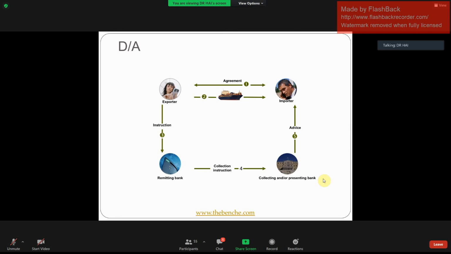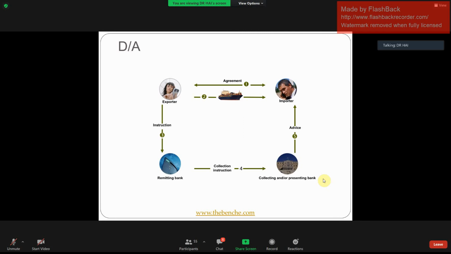If the importer wants to have documents, the importer just needs to accept the BE. Doesn't need to pay, right? Accept the BE. Of course, after accepting, I am a bank, I have to transfer the document to the importer. And then the importer can clear the goods, take possession of the goods, sở hữu hàng hóa.